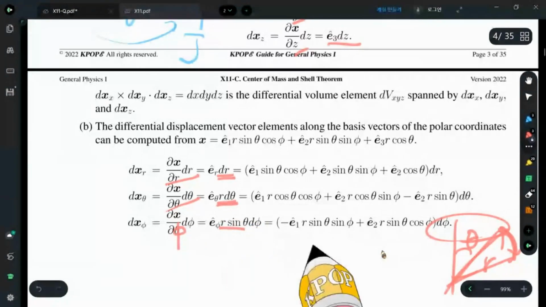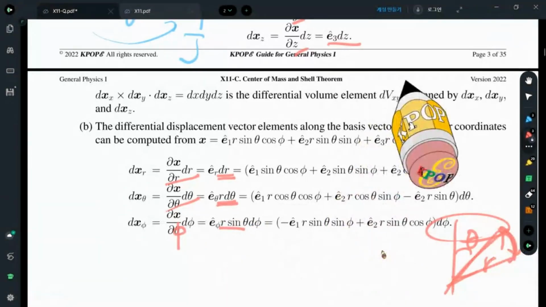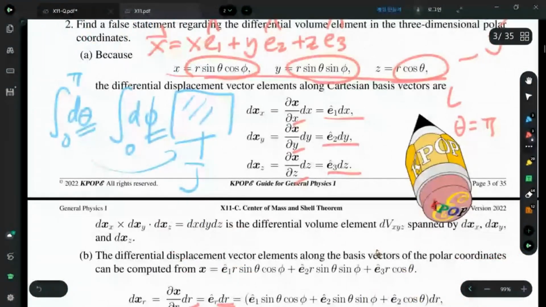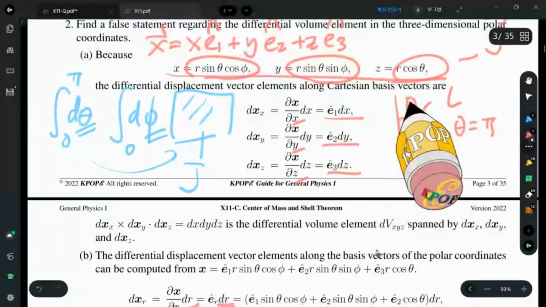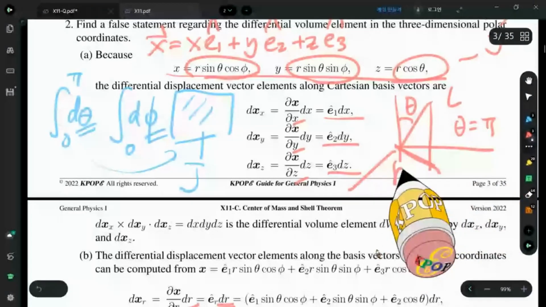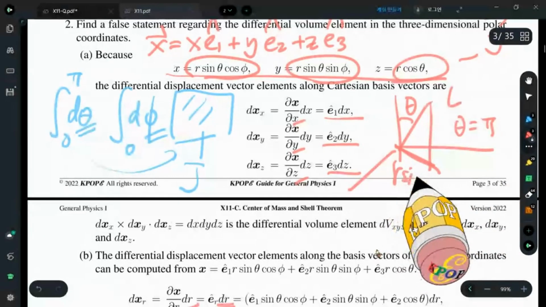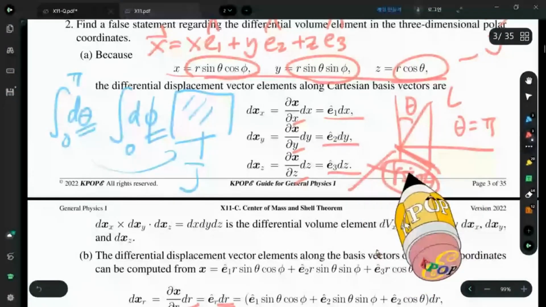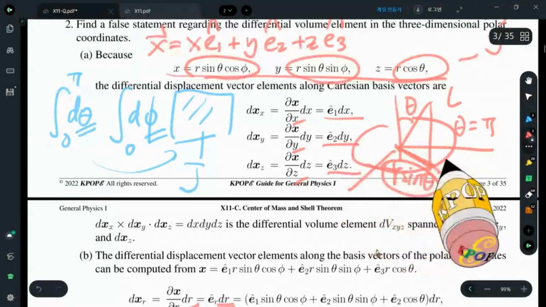And in here, we have a planar radius on the xy plane, theta. This is the xy plane. This is r sine theta. This is the radius, and then the azimuthal angle rotates on the xy plane.